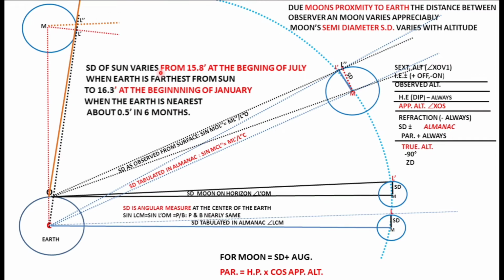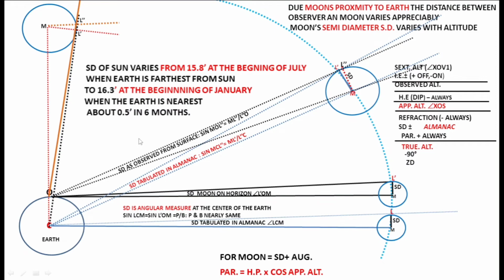Semi-diameter of sun is also varying actually. It is varying from 15.8 to about 16.3 when the sun is closest to the earth and when it is further away from the earth. But basically the difference is just about 0.5 minutes, and that is over the period of 6 months. It doesn't make a difference in a day when the sun is coming up.